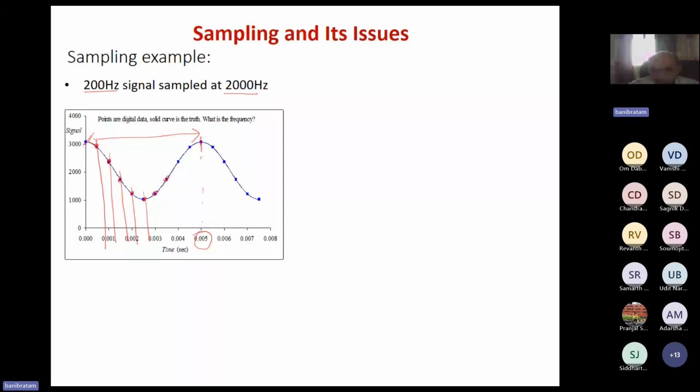The processor cannot take analog data; it will take the discrete or digital data and apply the filter operation on it. Finally, I will be getting the filtered digital output from the processor.